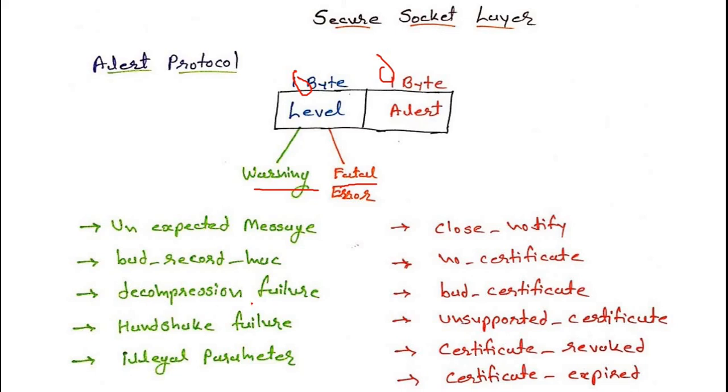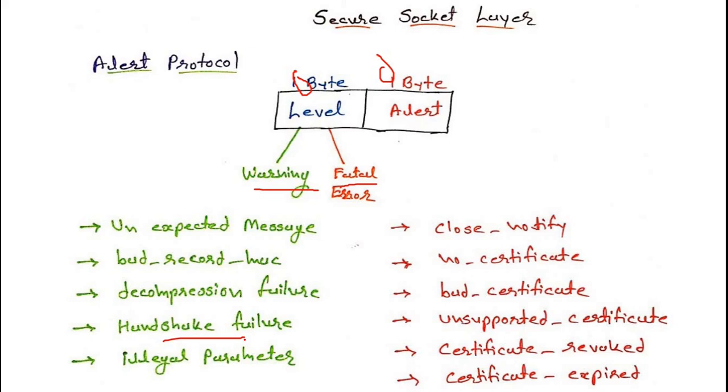Decompression failure: whenever we compress the data on the sending side, the destination side will require decompression of the data. If some bits are corrupted during the communication, it will generate issues during decompression, and we are not able to get the original data. Then handshake failure means that during the communication, the connection cannot be established properly, or it is not a reliable connection.